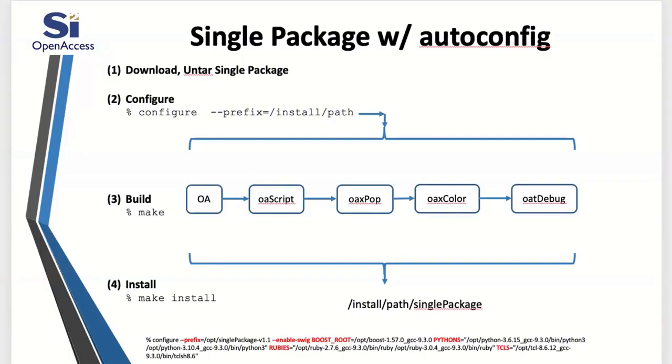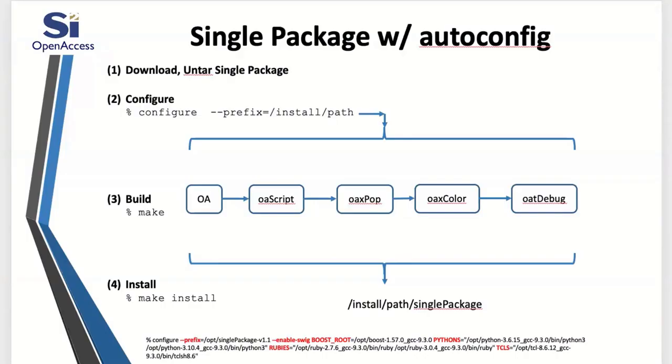Then you would run make, and this would build OA, OA script, and all the extensions. And finally, you would just run make install to take all the executable and useful products out of that into a single install location.